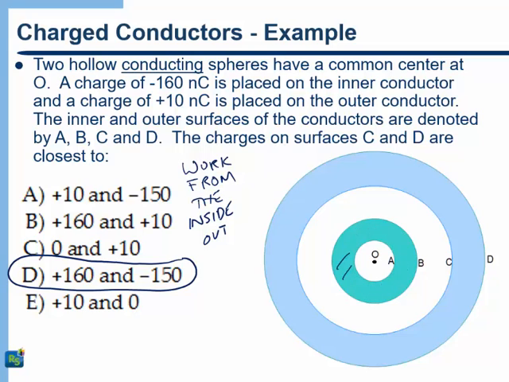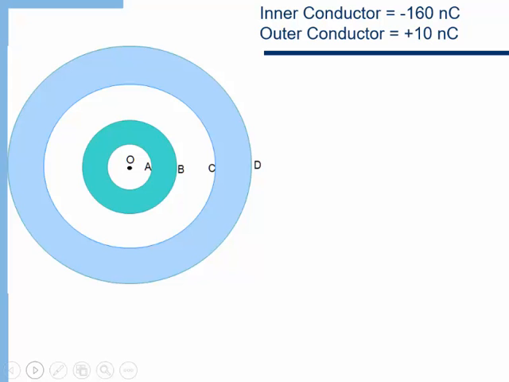And what I know, therefore, is that the electric field anywhere inside that shell has to be 0. Anywhere inside that conductor, the electric field has to be 0. So E equals 0 inside the conductor.